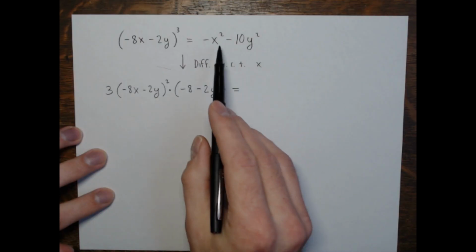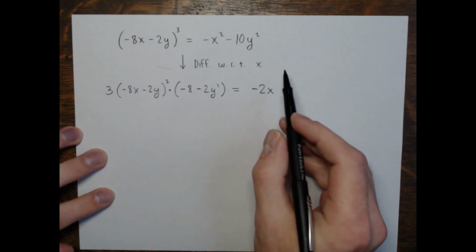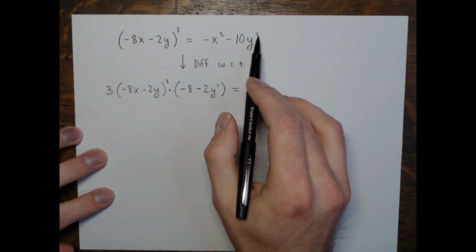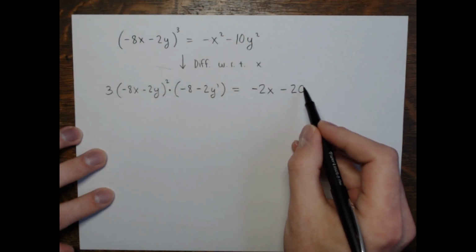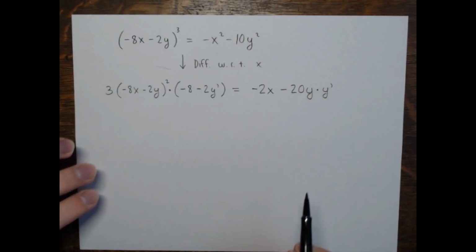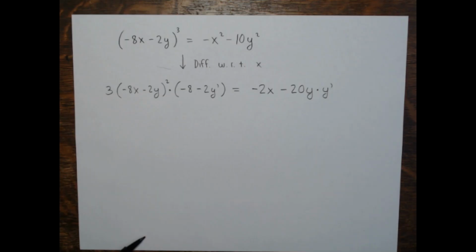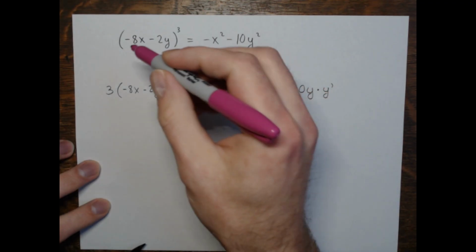And on the right side, -x squared, derivative would be -2x. And then chain rule here for the y squared, so it'd be minus 20y. But then afterwards times the derivative of y, right? So y prime.